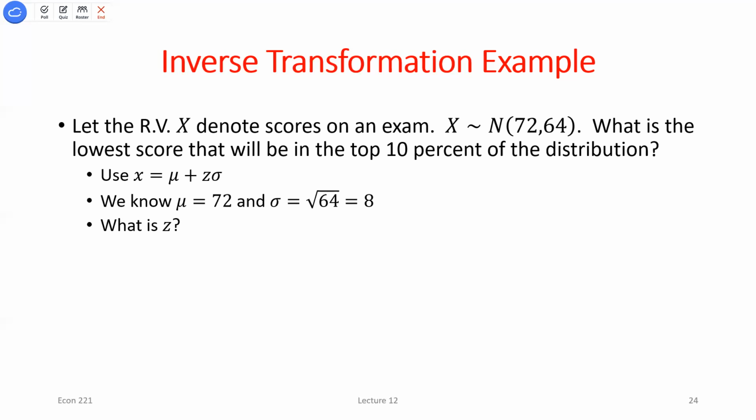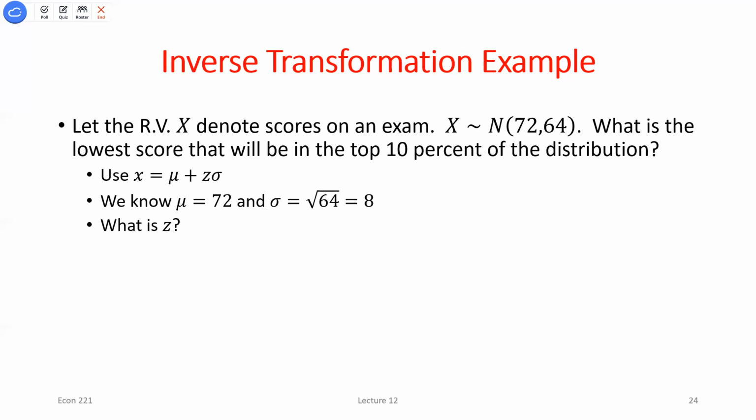So let's start out drawing this to visualize what we're doing. We're basically going to be working from the bottom up compared to what we did before. Okay? So the thing that we know is that this original variable is centered with a mean of 72, has a variance of 64, which would be what? Standard deviation of 8. Okay?